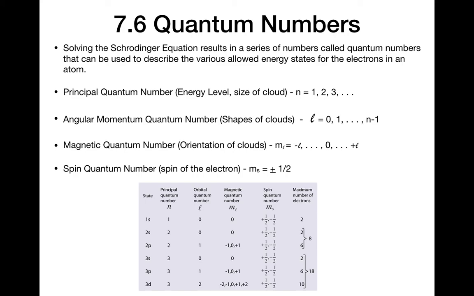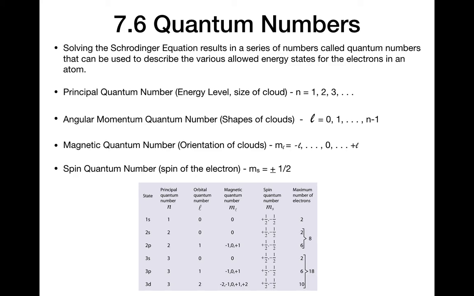The second energy level has a 2s and a 2p sublevel. N can equal 2, but L could equal 0 for 2s or 1 for 2p. If L equals 0, you have only the 0 magnetic quantum number possible and only plus or minus 1/2 for the spins, so the 2s holds 2 electrons.